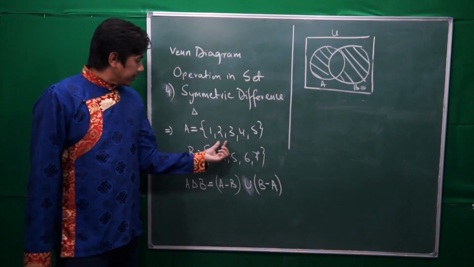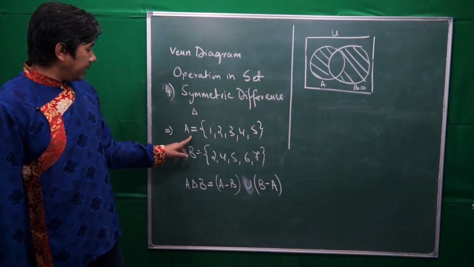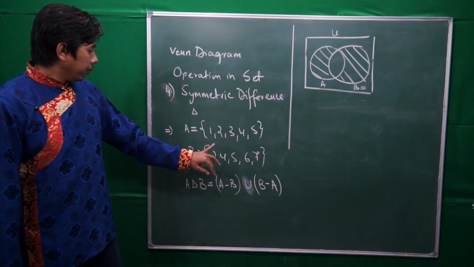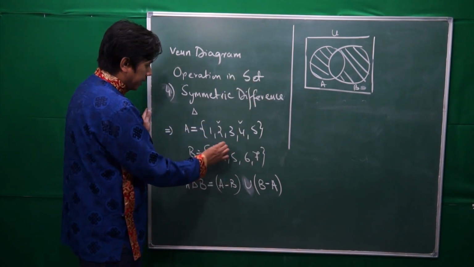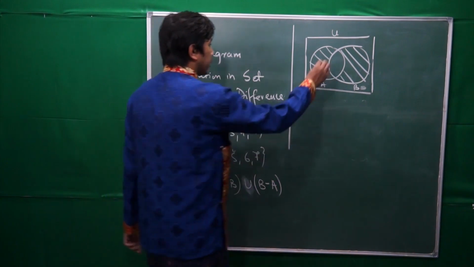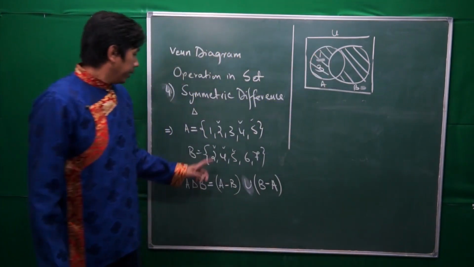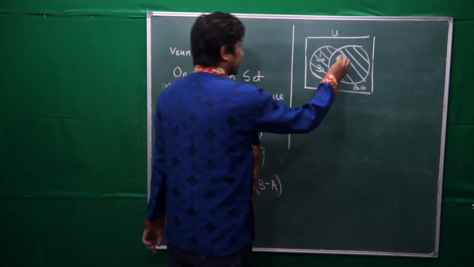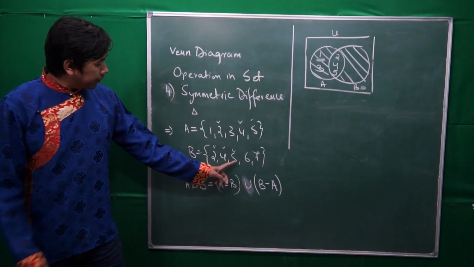For example, in the case of these values, say set A is 1, 2, 3, 5. What is being repeated? 2 is being repeated, 4 is being repeated. Anything else? 5 is also repeated. So 1, 3 is exclusive to set A. 2, 4, 5 is the overlapping region, and then for set B, 2, 4, 5 is the overlapping region.